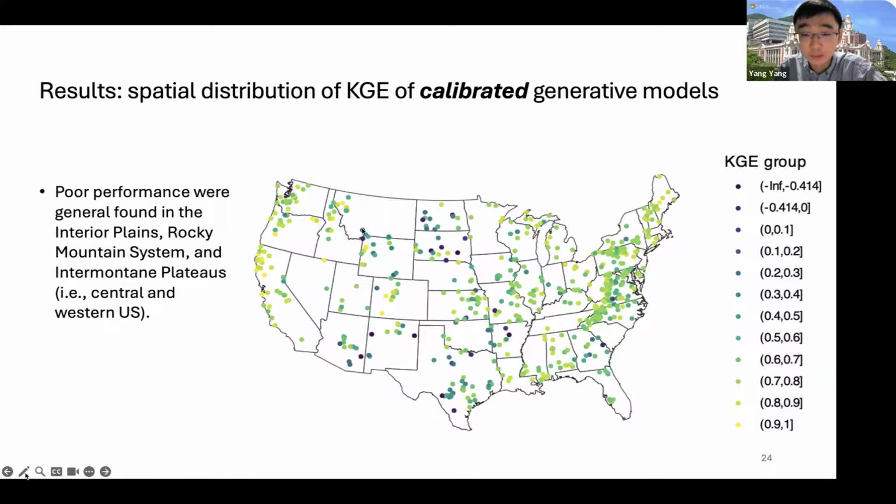So the model performs poorly in the regions in the central and west US. And the darker the color, the poorer the performance.